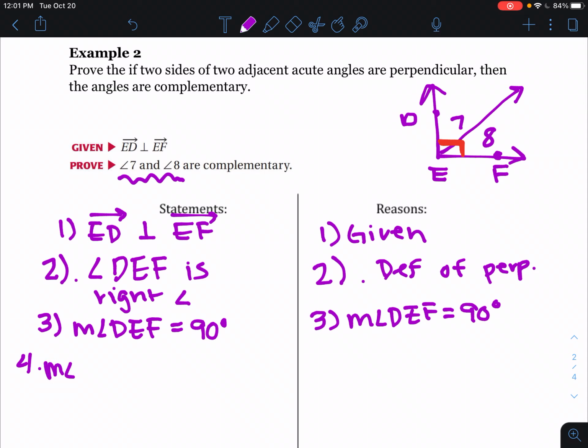So the measure of angle DEF equals the measure of angle 7 plus the measure of angle 8. Now, what's that postulate that says that if we add two of the smaller angles together, we get the bigger angle? Angle addition postulate.